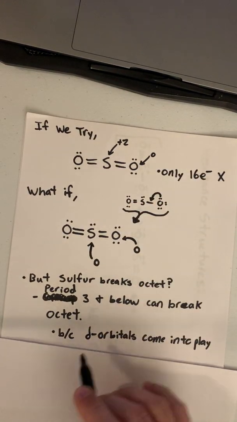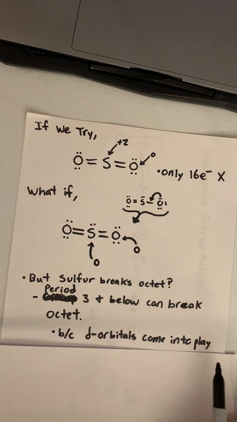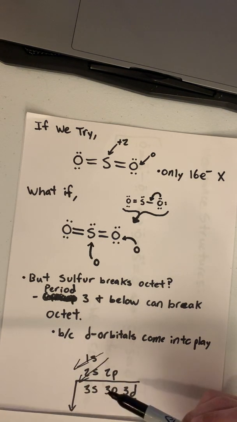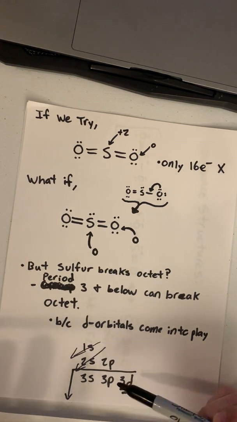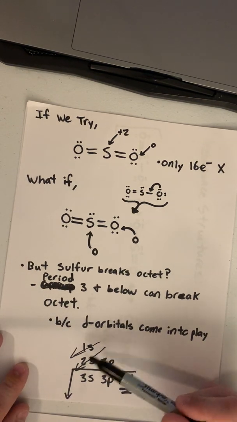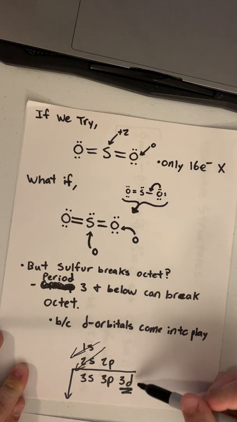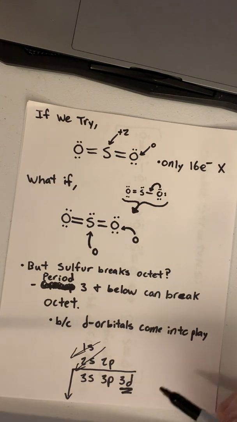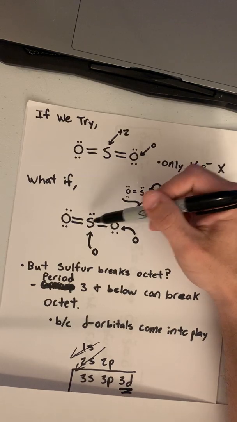But the reason why period 3 and below can break the octet is because d orbitals come into play. And so if you think of doing your electron configurations, you might remember drawing this kind of cheat sheet, or you might have seen this before, 1s, 2s, 2p, 3s, 3p, 3d. So notice how for period 3 and below, the d orbitals come into play. So that's why period 3 and below can actually break the octet, and you see sulfur here breaking the octet.